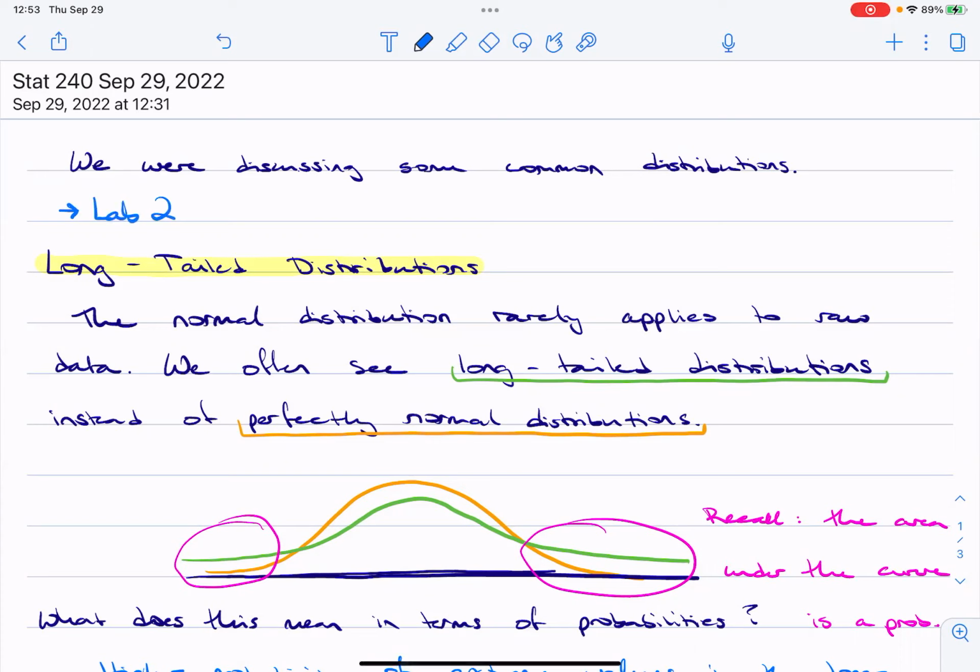Lab 2, I'll put it at the top here. I will change the due date to Monday night. How about that?